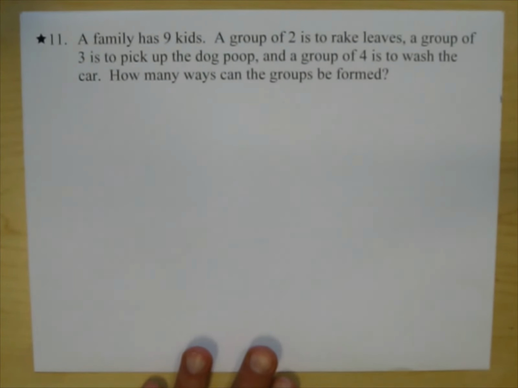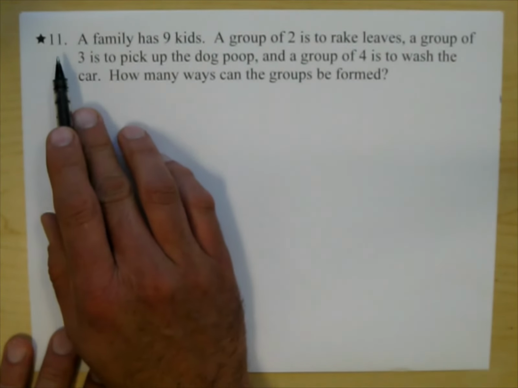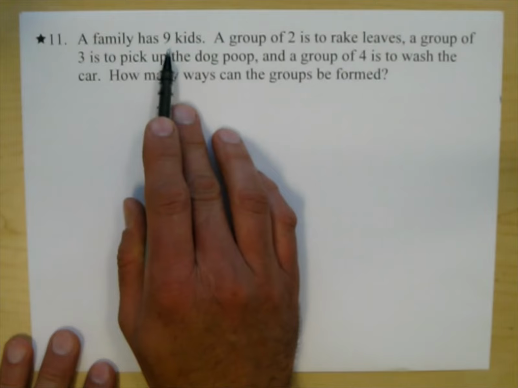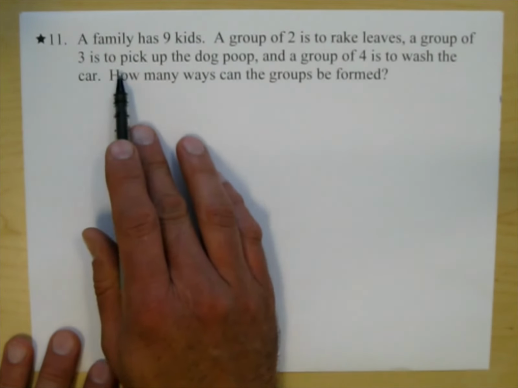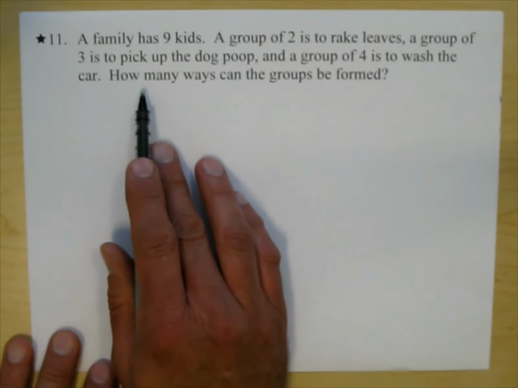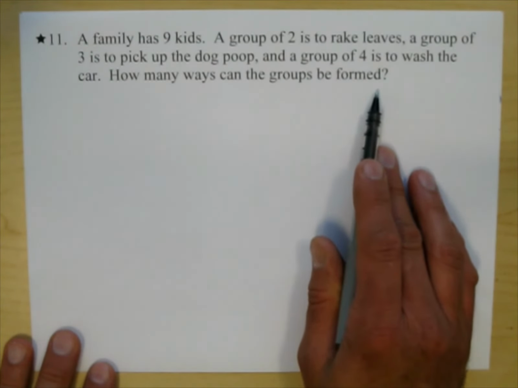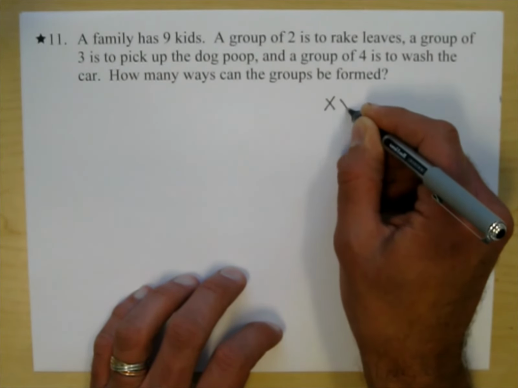So problem number 11, this is an extra credit caliber problem, and it says a family has 9 kids. A group of 2 is to rake leaves, a group of 3 is to pick up dog poop, and a group of 4 is to wash the car. How many ways can the groups be formed? So look what we have here. We have the 9 kids.